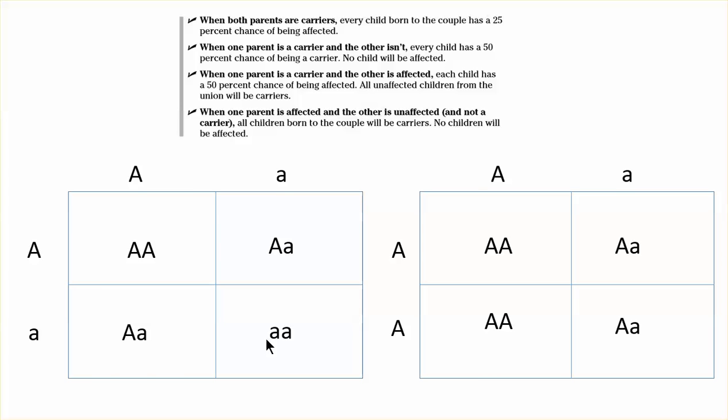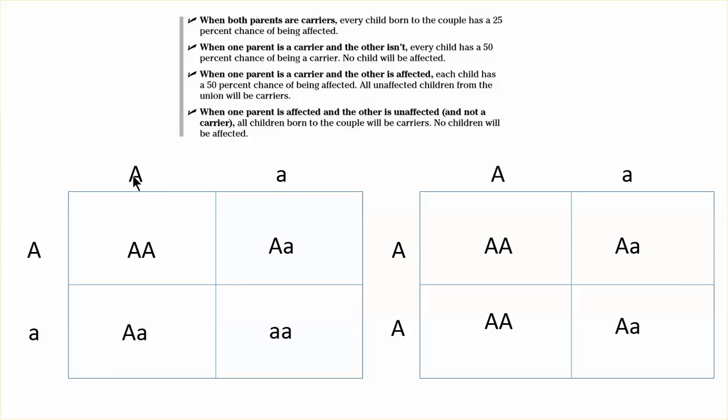So the probability that a couple would have two consecutive affected children would happen on average 1 in 16 times. So I just want to make sure that's clear. So when both parents are carriers, every child born has a 25% chance of being affected, and that's illustrated here.